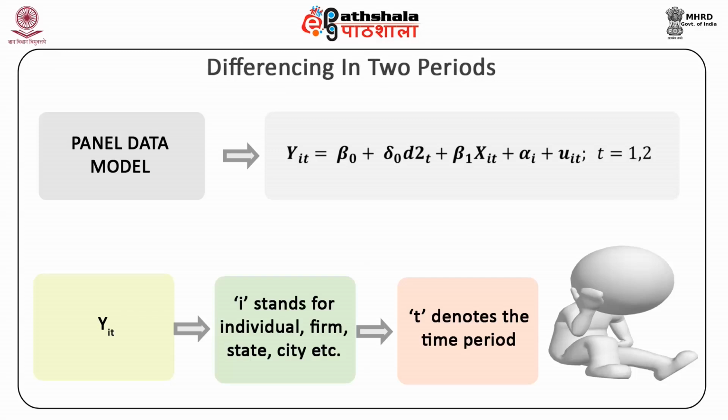Note here, D2_t does not change across i. Therefore, the intercept for time period t equal to 1 is beta 0 and the intercept for t equal to 2 is beta 0 plus delta 0.